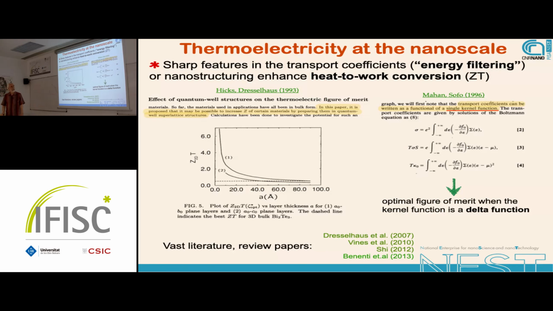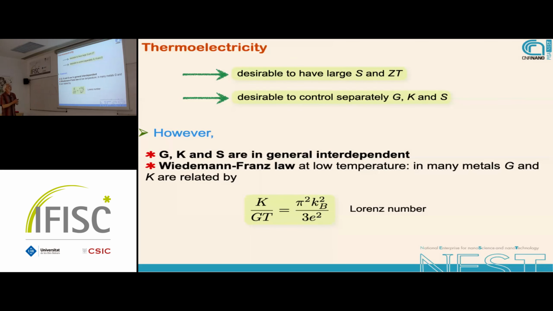Now, the thing is that in two terminals, as I said, you want a big ZT, and to have a large response, you also want a big thermal power. In principle, you want to control separately the charge conductance, thermal conductance, and thermal power. But this is usually not possible because, for example, due to the Wiedemann-Franz law, thermal conductance and electrical conductance are strictly related.